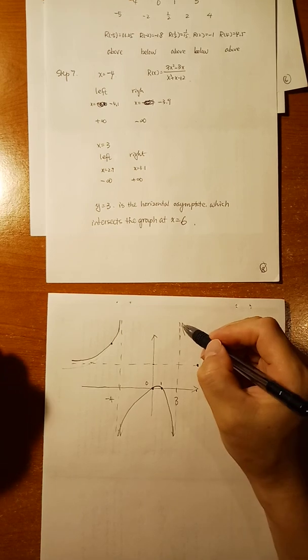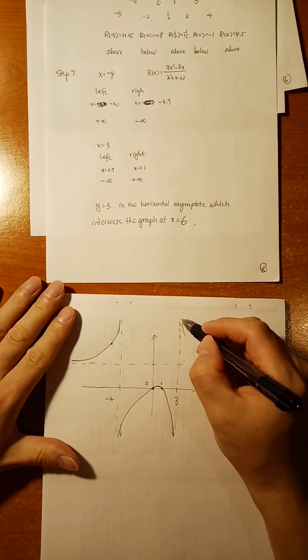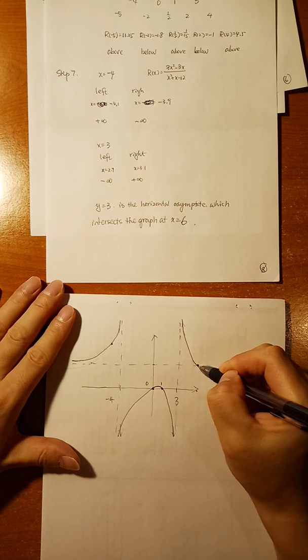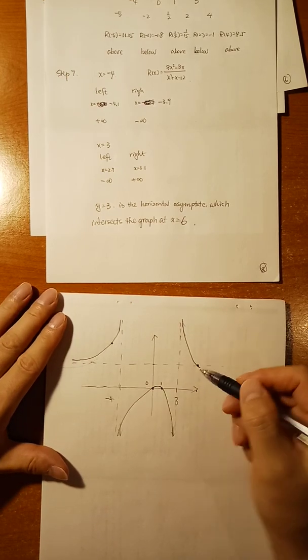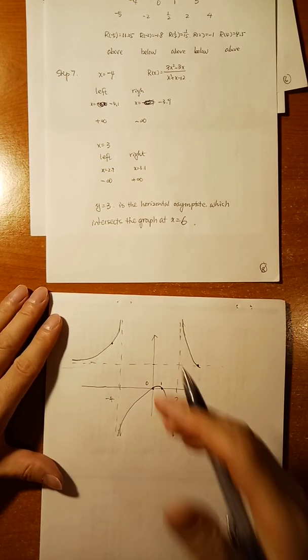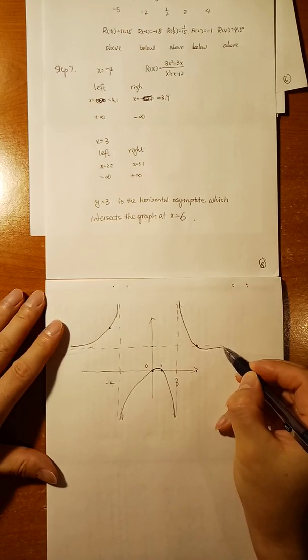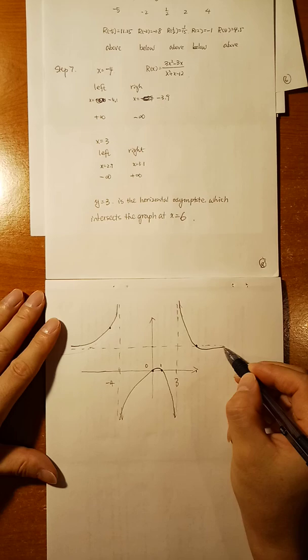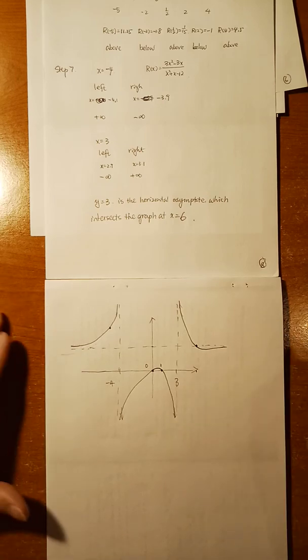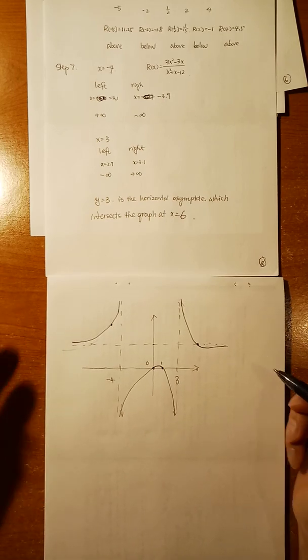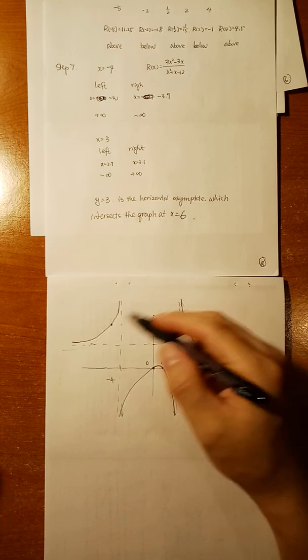And this part approaches positive infinity, and it crosses the x-axis. After it crosses, you cannot draw it back, because there's no second intersection point. It will approach the horizontal asymptote, so you have to make it close and very flat. Okay, so this is the idea.